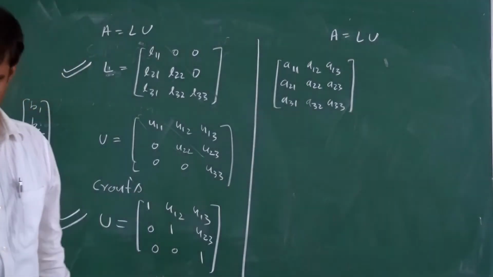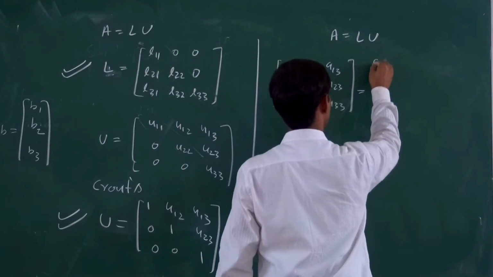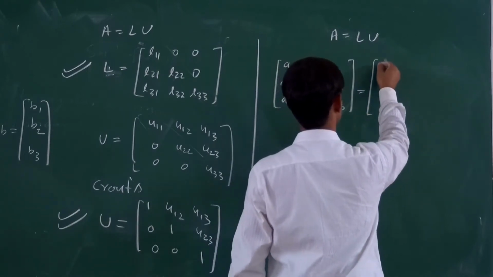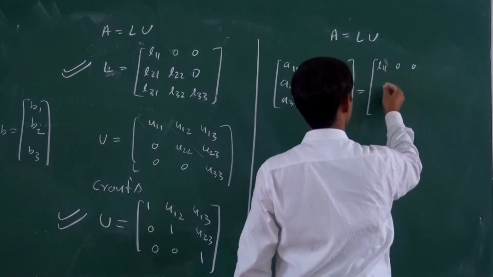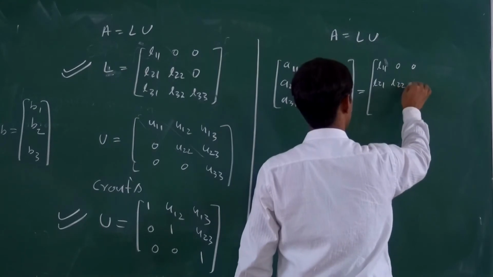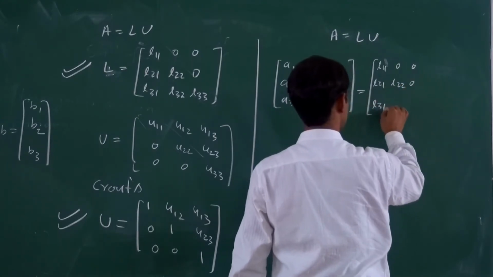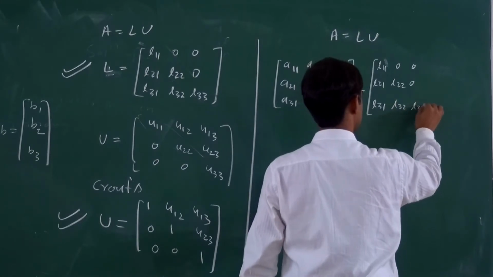This is equal to the product of the lower triangular matrix, L11, 0, 0; L21, L22, 0; L31, L32, L33.